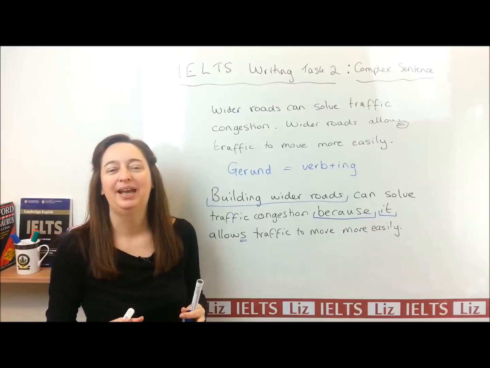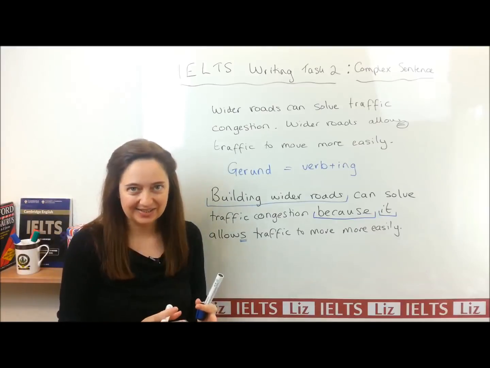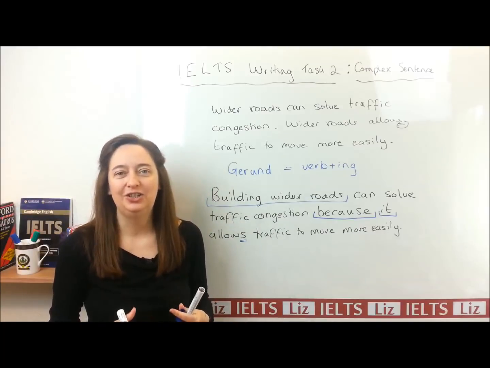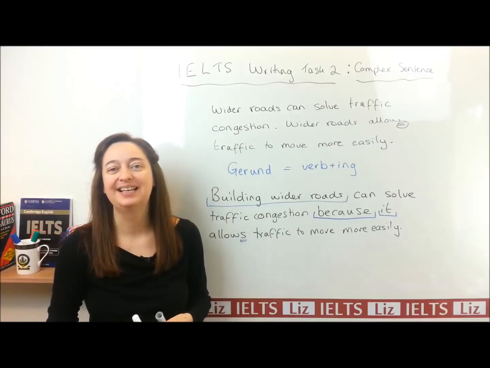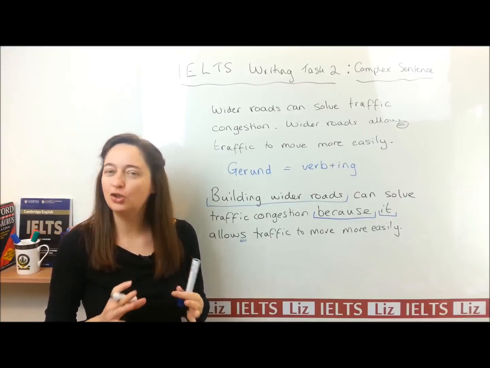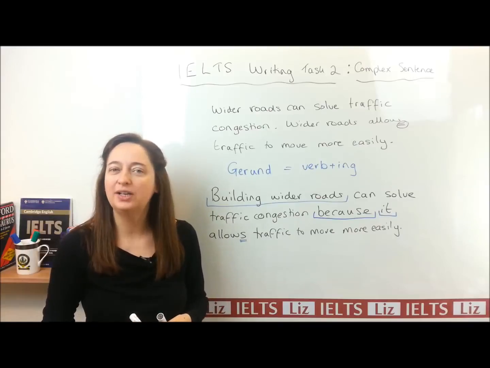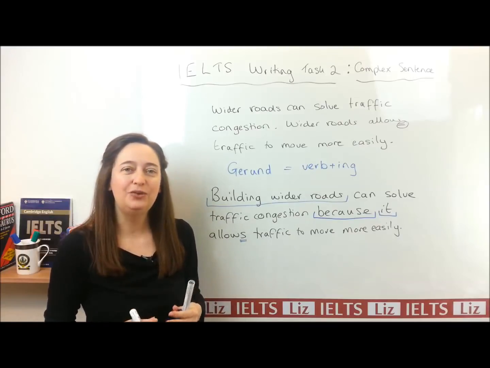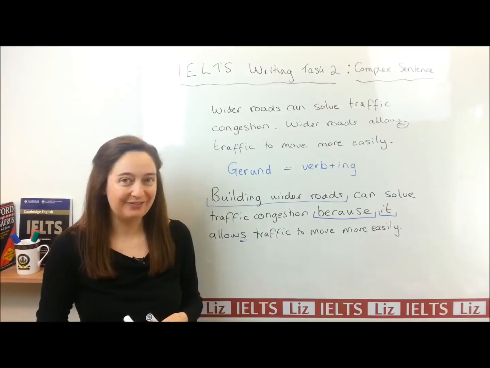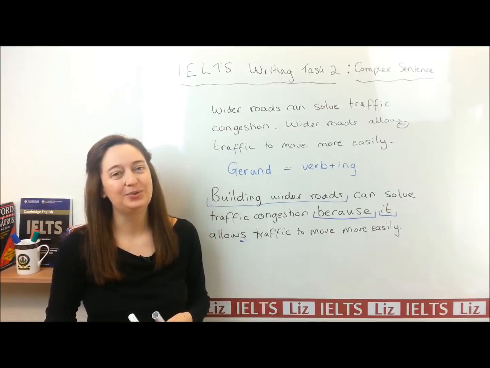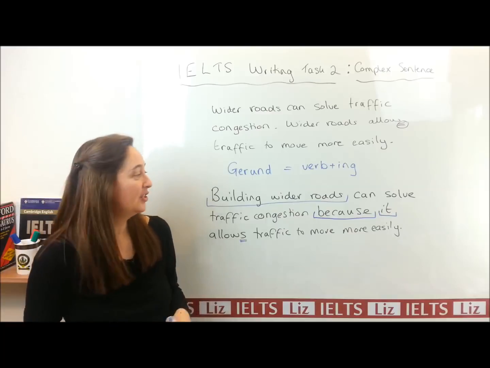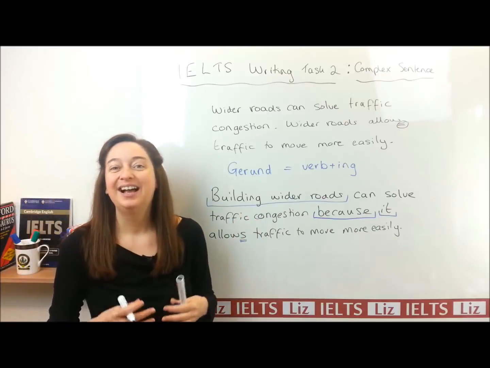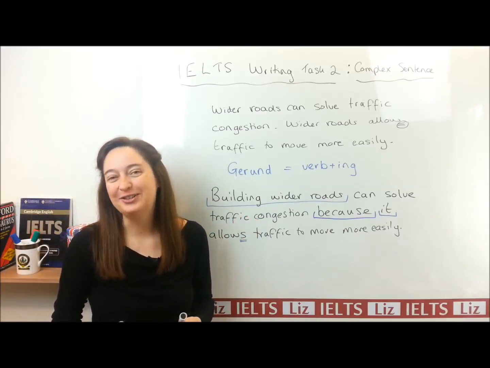If you are aiming for a band score 6, you do need to use quite a lot of complex sentences in your essay. Not all sentences, but quite a lot. If you are aiming for a band score 7, you do need to use mostly complex sentences. So I hope that was clear and not too difficult for you.